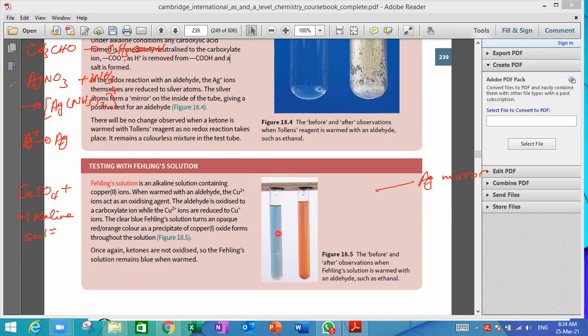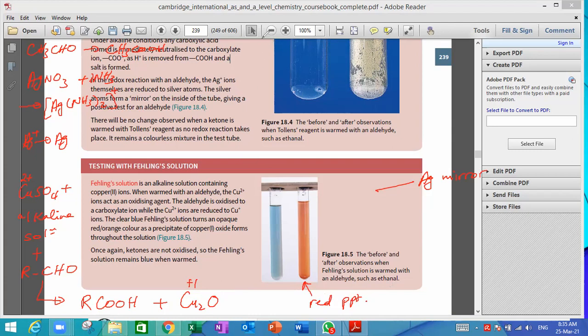And if we add it to the aldehyde, here copper carries a +2 oxidation state. So when it reacts with an aldehyde, it is going to oxidize the aldehyde to a carboxylic acid, and itself is going to be reduced to copper oxide. Here the copper carries a +1 charge. It is reduced, forming a red precipitate.